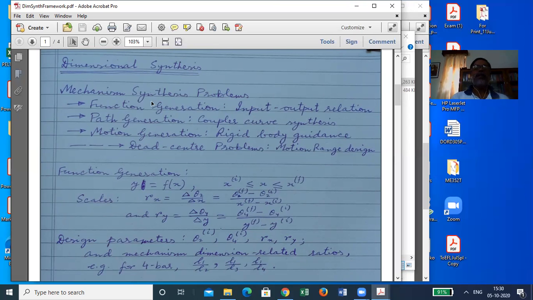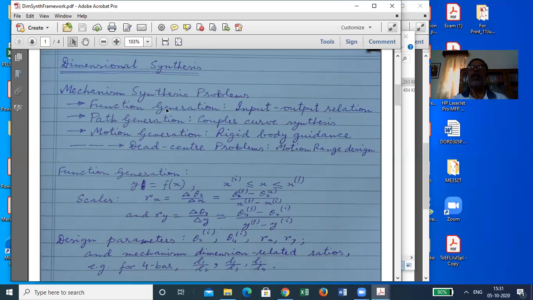typical mechanism synthesis problems may arise as one, function generation, in which you are going to give one kind of input which you can give easily, that is one function of time you are going to give as input, and as output you would want a special different kind of function of time.